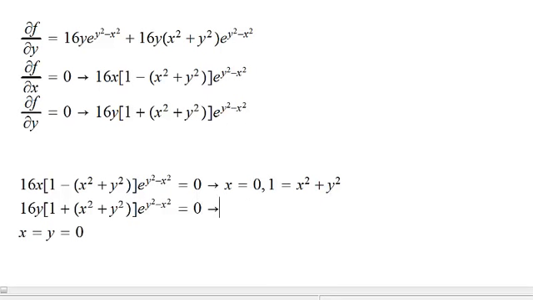And here we're going to choose all the possibilities, and that's it. Because this quantity can never be 0, since this is never negative, nothing can kill 1 here. So if x is 0 and y is 0, that's when this happens.